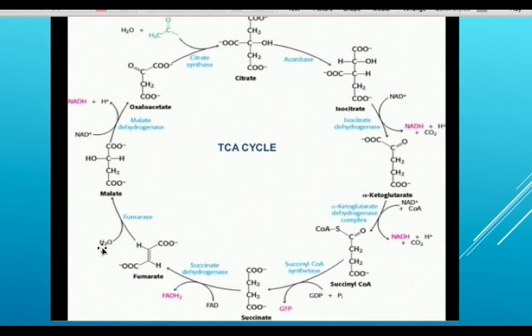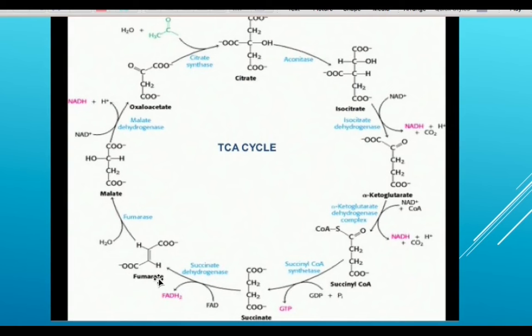So now FAD has already taken part in the reaction of converting succinate to fumarate. Now after we have formed fumarate, we input a water molecule to form malate. The purpose of converting fumarate to malate is so that we can go all the way and regenerate the molecule that we started with, which is oxaloacetate.